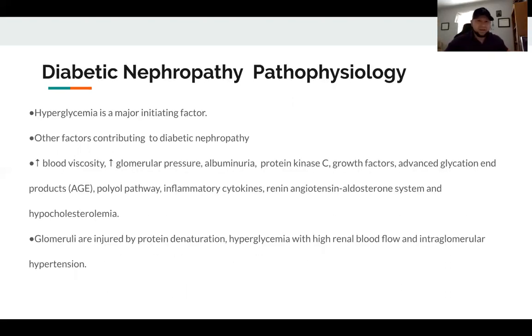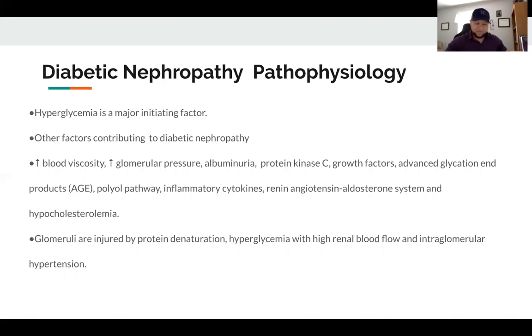And so diabetic nephropathy, its pathophysiology is that there's an increased level of glucose in the blood, and other factors that contribute to DN are an increase in blood viscosity, an increase in glomerular pressure, and other factors as well.